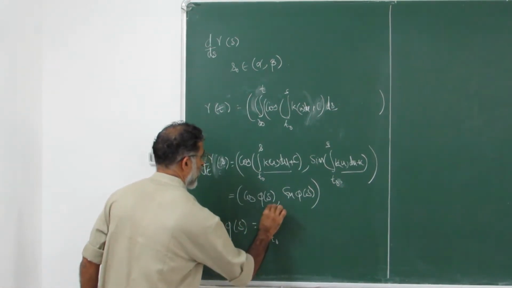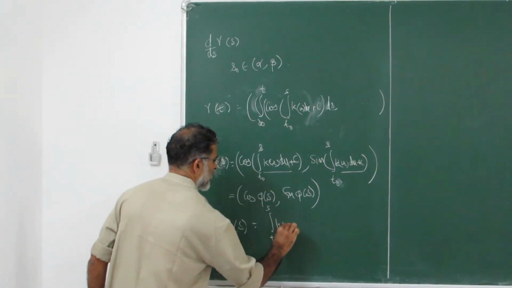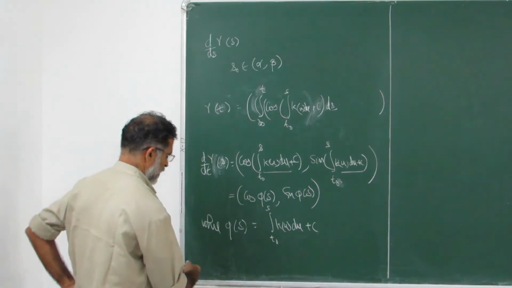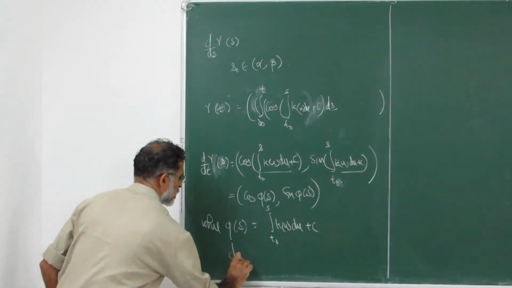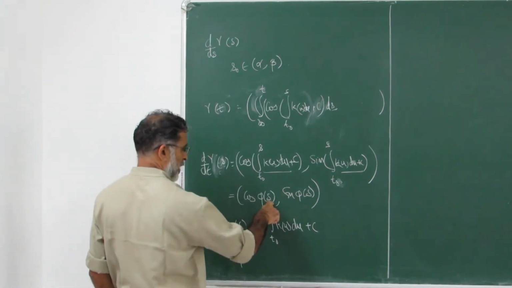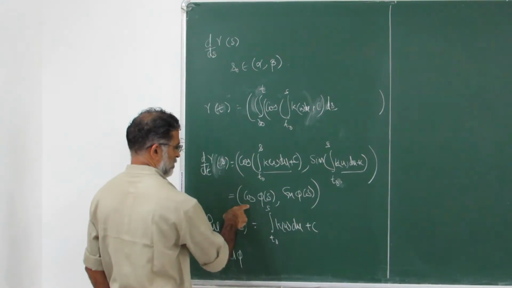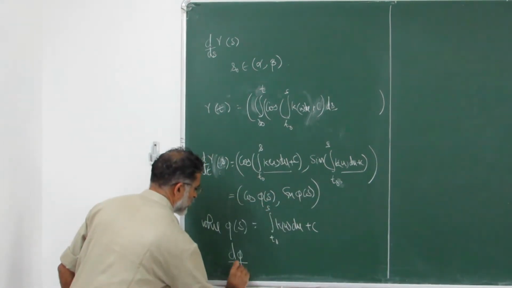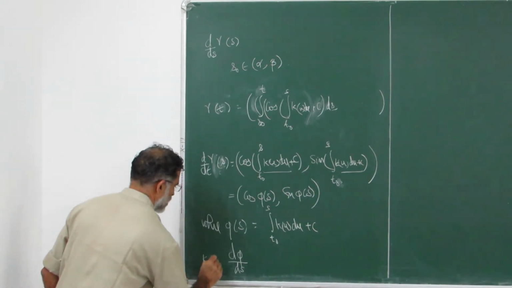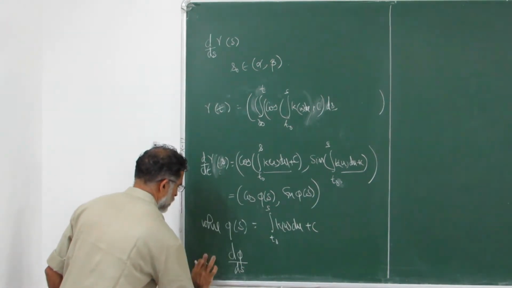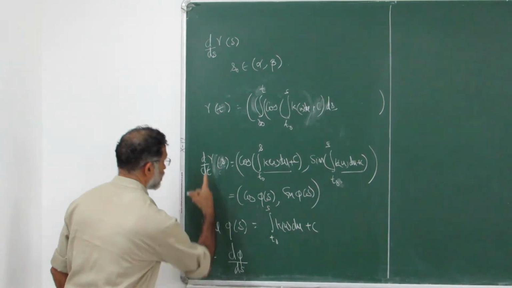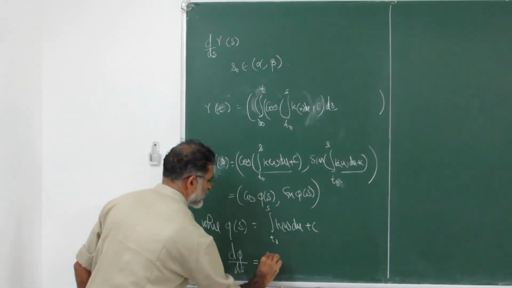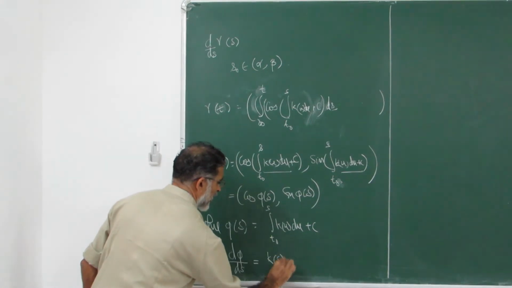Now let us take d phi by ds. Once you know this phi, we know that the curvature is nothing but d phi by ds, that we have done. So the curvature for gamma is d phi by ds, and d phi by ds is nothing but k(s).